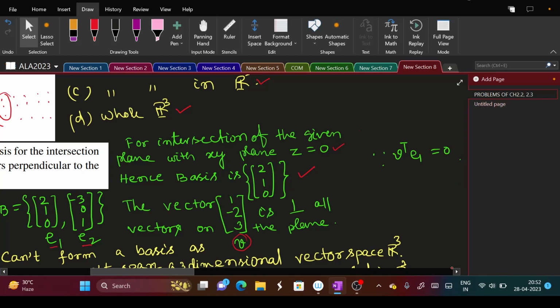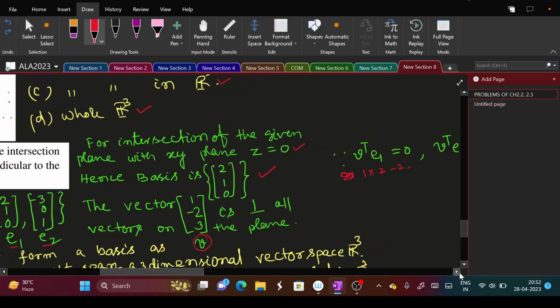Please observe: 1 into 2, then minus 2, then 0. So it is 0. Similarly, minus 3 plus 0 plus 3, it is 0. So the dot products with E1 and E2 are giving 0.